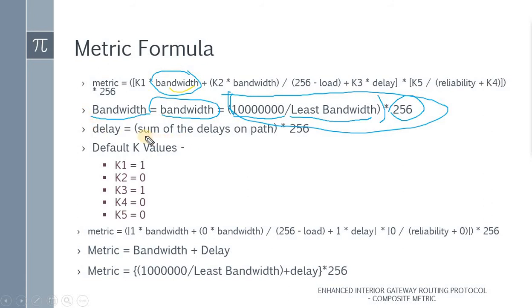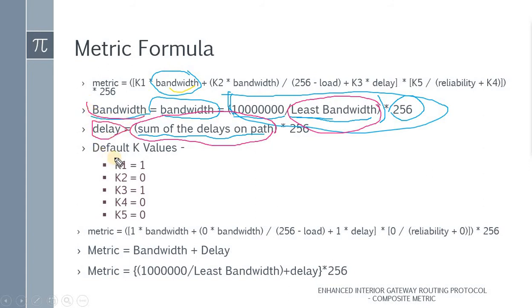Again, delay is a complete formula where you take the sum of the delays on the path. Bandwidth used the least bandwidth, but here you have to add all the delays in the path and then multiply by 256. So this is bandwidth and delay.